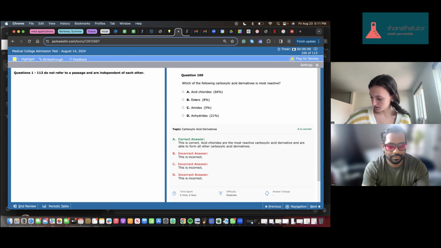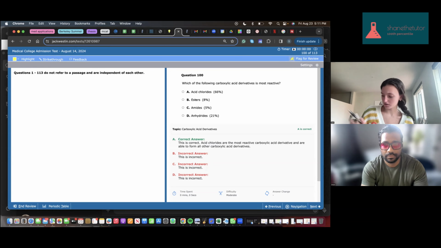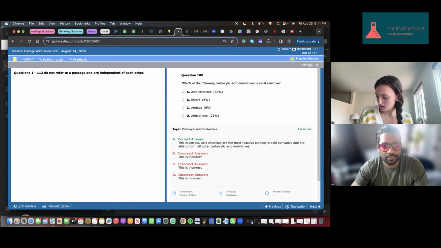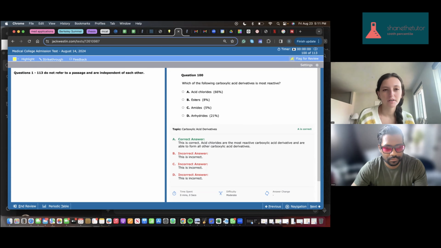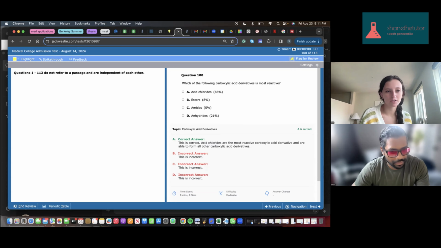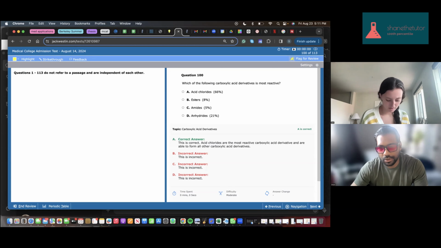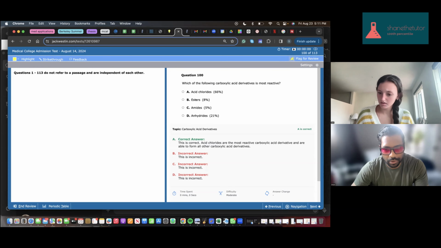For ester, it's literally an R group, and for anhydride, it's another one of the carbonyls, which stabilizes it, right? So the presence of that oxygen is what makes it more stable than the acetyl chloride, which has just the chlorine.